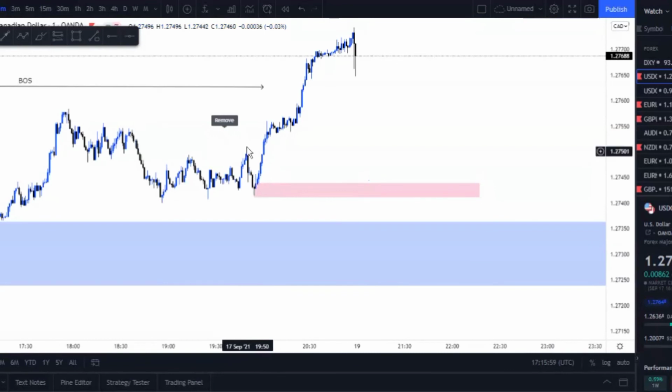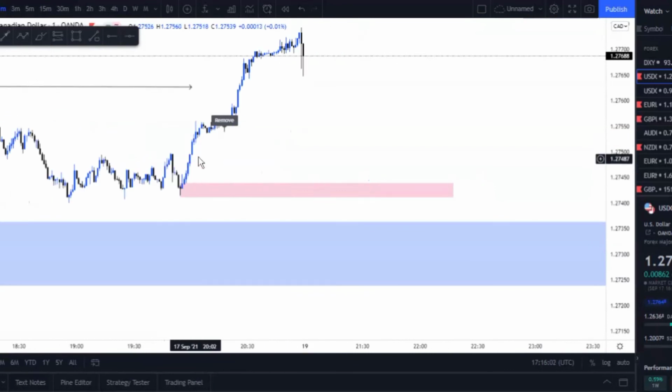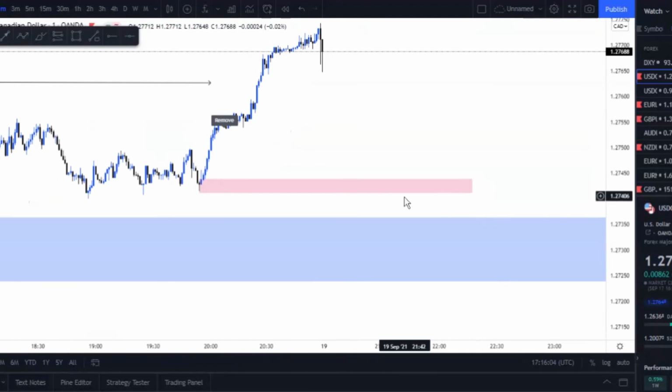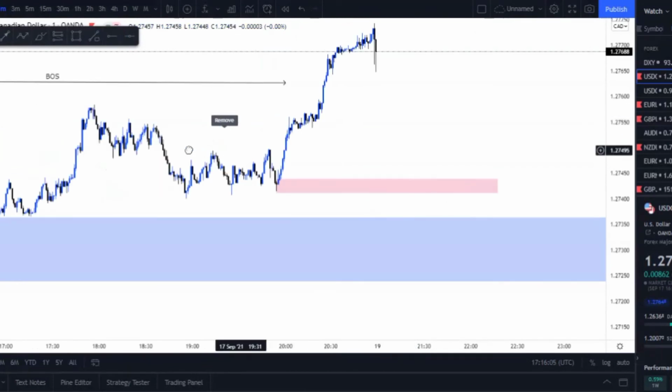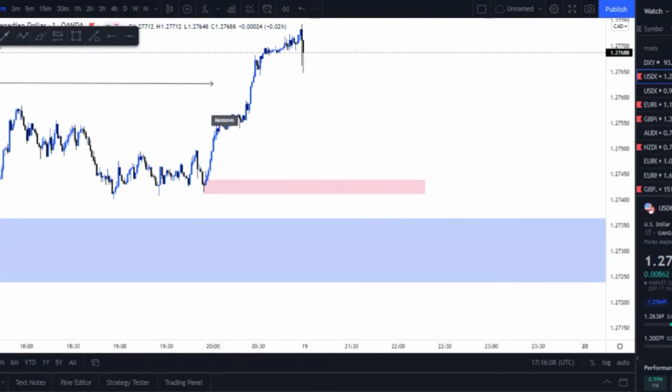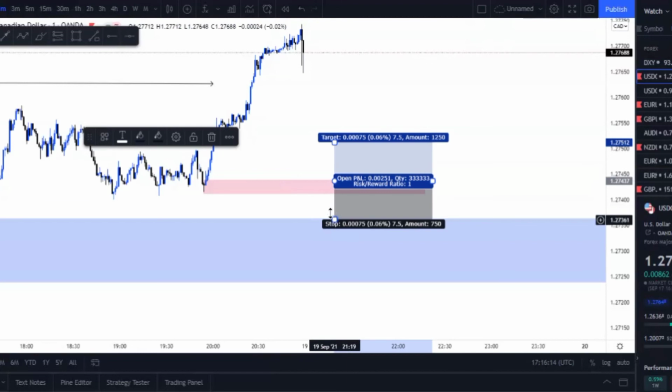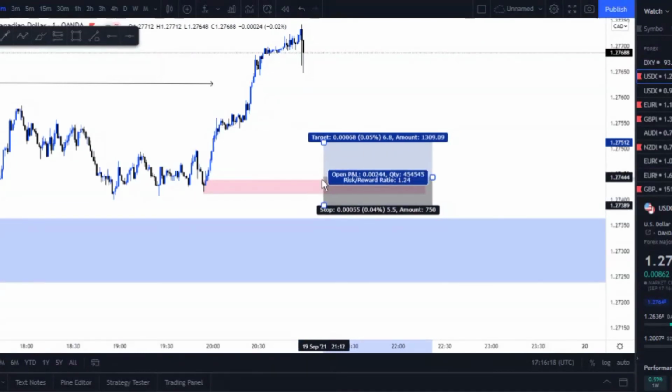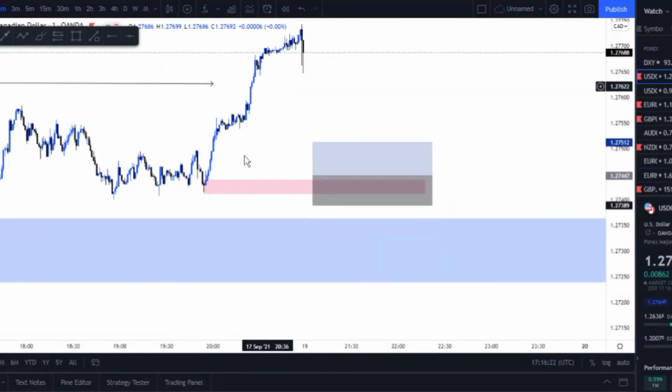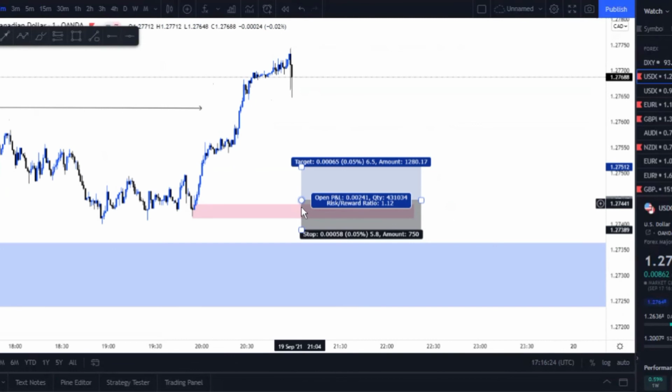Orders are left unmitigated here, and we've got tons of imbalance in here. So I will set my buy limit as soon as the market opens. This is Sunday, and this is what I do on Sunday: analyze DXY first, but I don't have time, so I cannot analyze DXY for you guys.